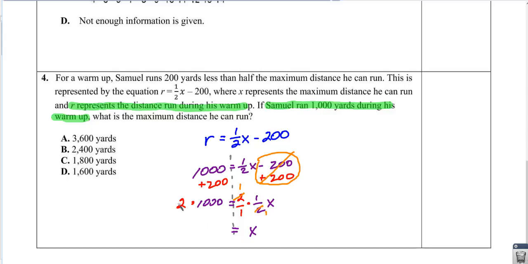Here we're left with, and I miswrote this, let me write it correctly, it's supposed to be 1,200. 2 times 1,200 ends up with 2,400, or letter B. How many of you had B? Nice. And again, I bet this was a problem that yesterday when you looked at it, it looked really foreign. Okay, continue.